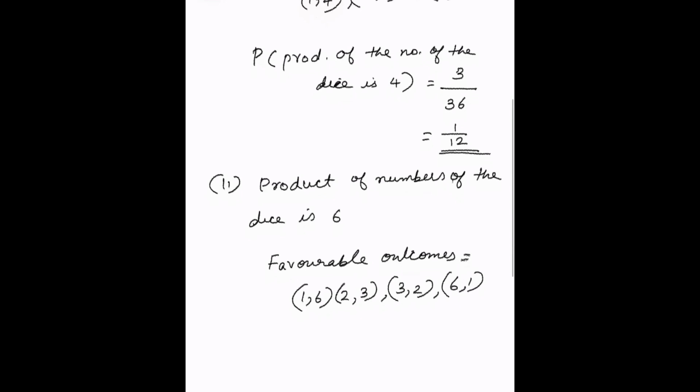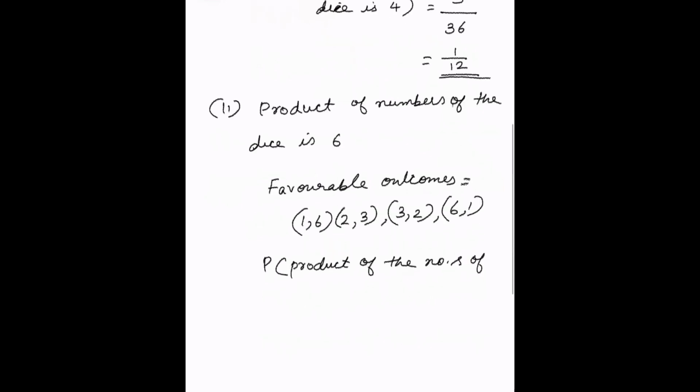So what is the probability in this case? Probability, product of the numbers of the dice is 6, is number of favorable outcomes divided by total number of outcomes, which is nothing but 1 by 9.